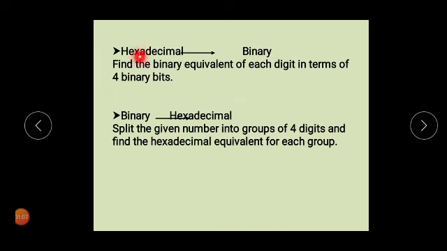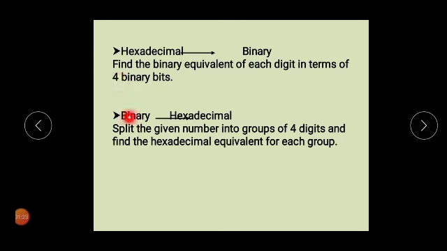For conversion from hexadecimal to binary, we find the binary equivalent of each digit of the hexadecimal number in the form of 4 binary bits. You have to write every digit in the hexadecimal system in binary form in 4 digits.